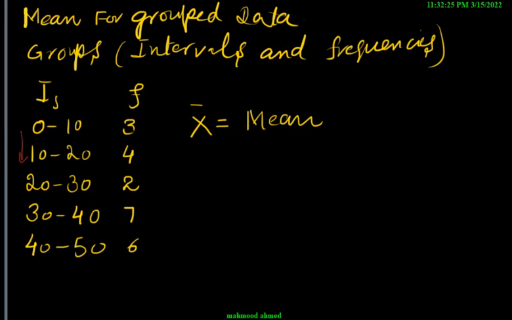To calculate the mean of this data, this is how we proceed. 0 to 10, 10 to 20, 20 to 30, 30 to 40, and 40 to 50 are the intervals.